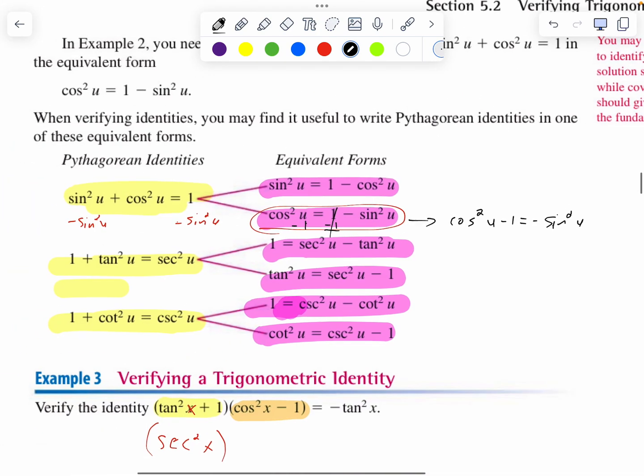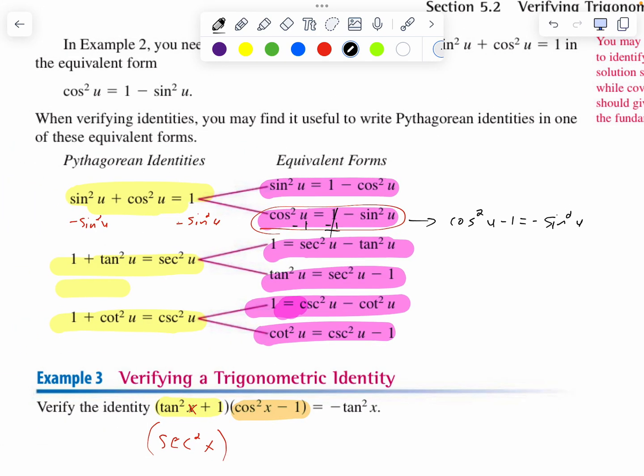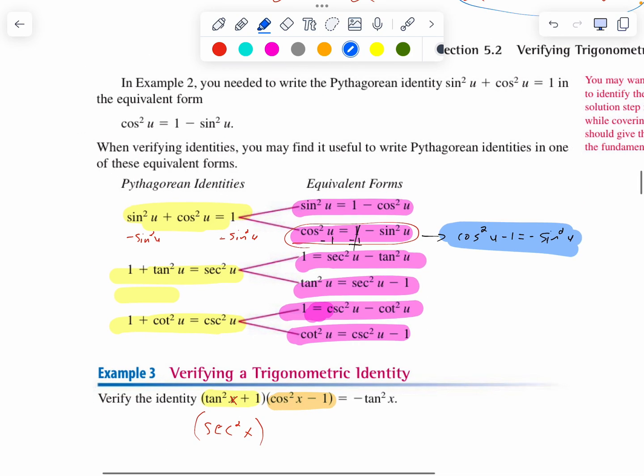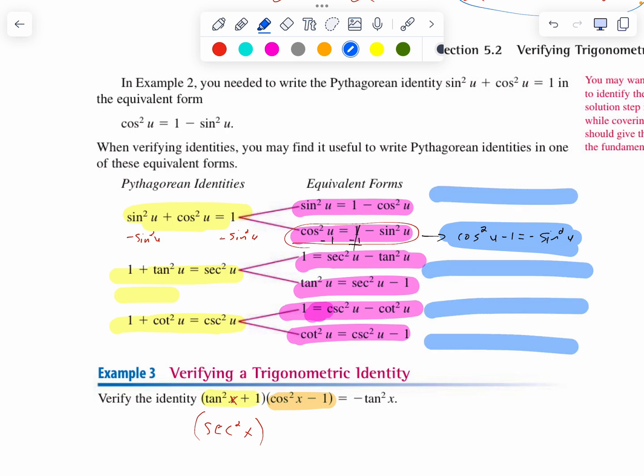All right, so not only do you need to be familiar with the yellow, not only do you need to be familiar with the pink, you need to realize that all of those pinks could be modified, and you could maybe get similar expressions in blue for each of these, that I'm not showing you all of. Does everybody see how the blue highlight is just a little bit different version of the pink highlight?